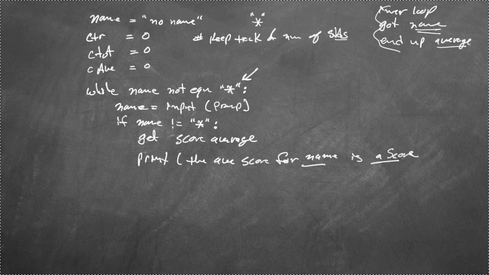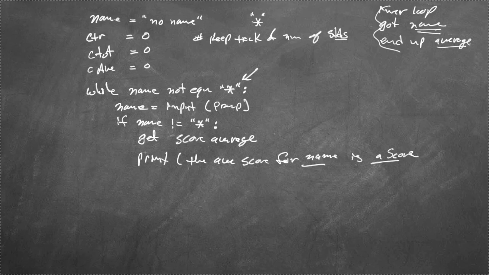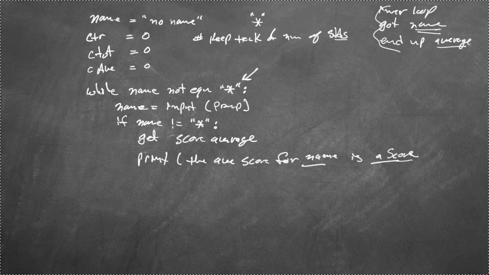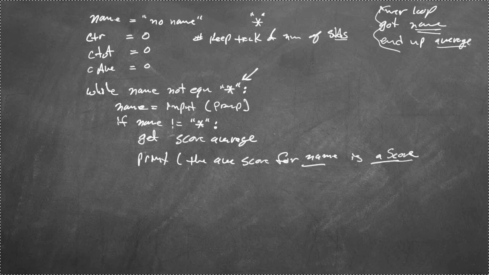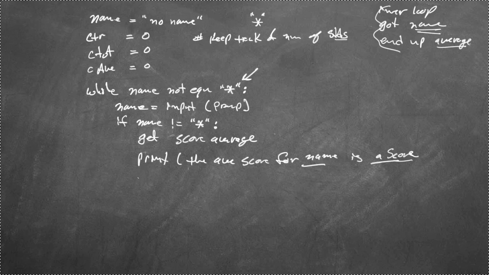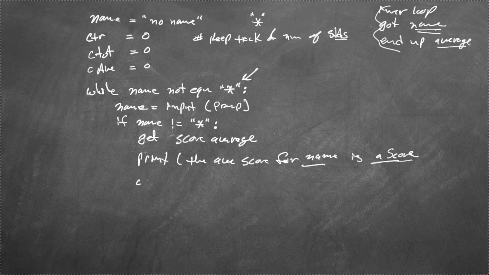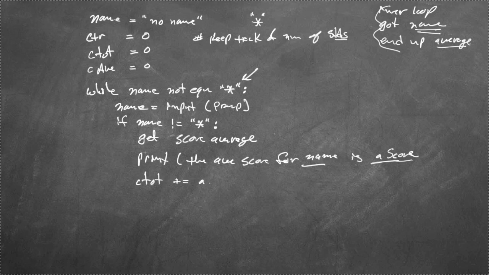So we ended up with our handy dandy line of input for the average score for whomever. Since we know what the average score is, the A score is, we can start tallying that up. We can say at this point, because remember we're still into this if, we can say C score or class total is plus equals, in this case, A score.